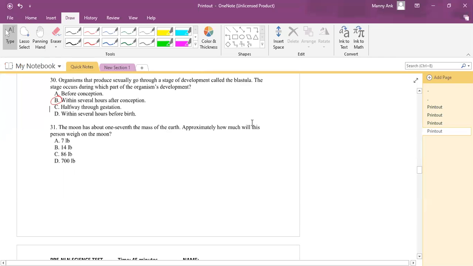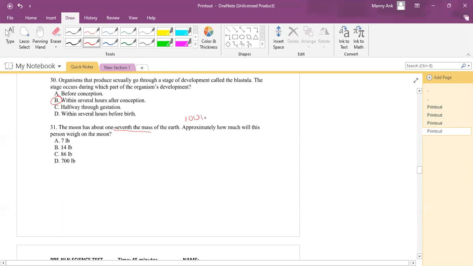The moon has 1/7 the mass of the Earth. Approximately how much will... I left something out here. I fixed it. Okay, I fixed it on the other one. So this is 100 pounds.